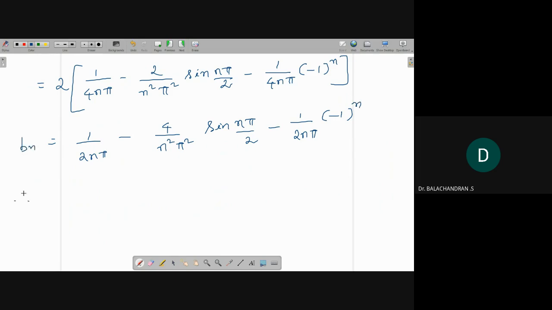So therefore f of x is equal to summation n equal to 1 to infinity Bn.